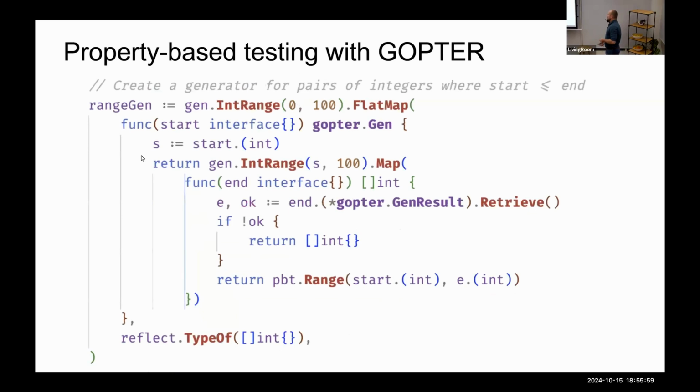Okay. Now this is something more complex. I think I forgot to include the code that it represents, but I'll describe what it's for. Imagine that you have a function that takes two parameters, start and end, and what it does is spit out a slice of values from start to end. So if you put, let's say, 0 as the start and 10 as the end, it's going to give you a single slice with numbers from 0 to 9.